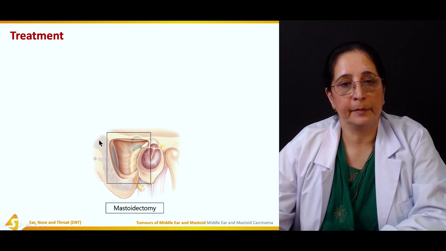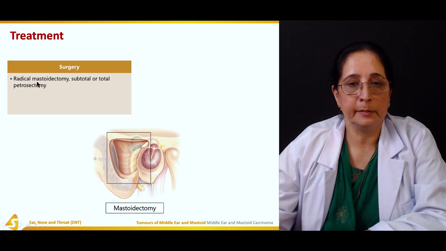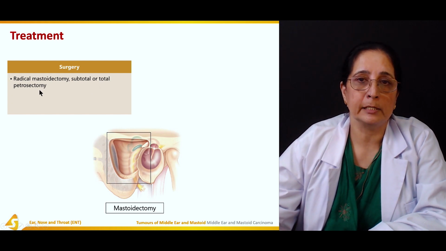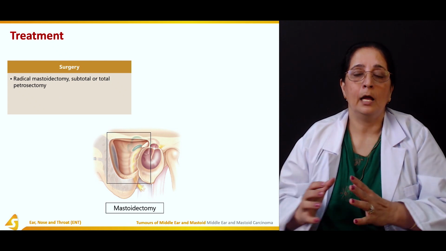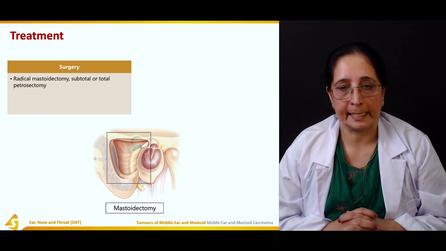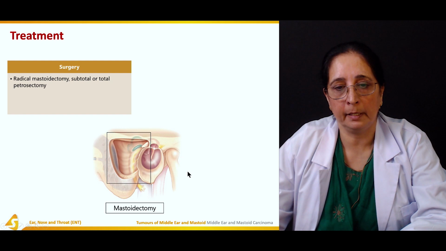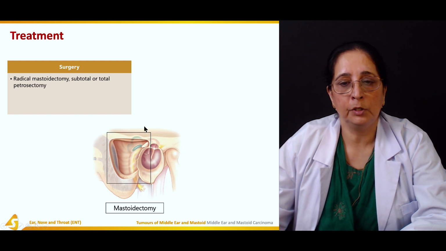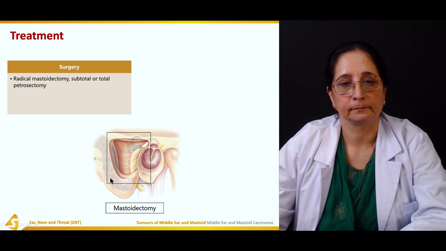Treatment is surgery: a radical mastoidectomy, subtotal or total petrosectomy. So radical mastoidectomy can be performed along with total or subtotal petrosectomy. This is the diagram that shows the mastoidectomy. So the whole radical mastoidectomy is performed.